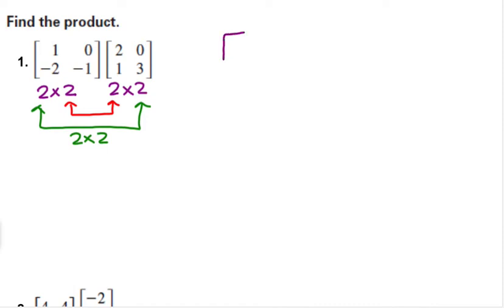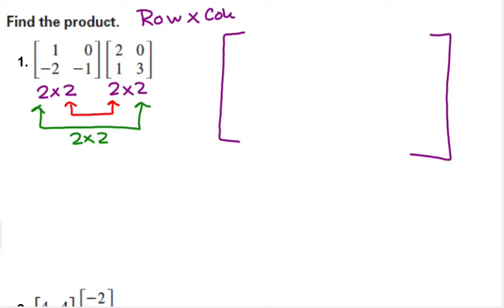So what I'm going to do is I'm going to set up a matrix. I'm going to make it kind of big so I can show my work here. How you do this is you multiply row times column. Row times column. So I'm going to take this first row and multiply it by this first column, and I'll show you what I mean. So I'm going to take first element and first element, 1 times 2.